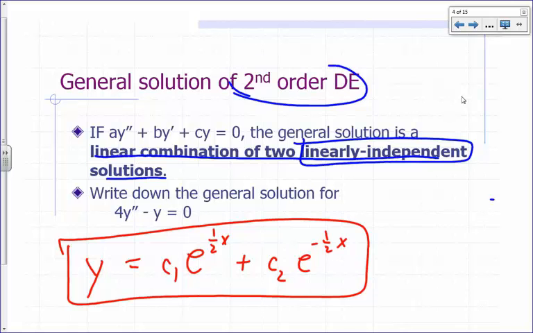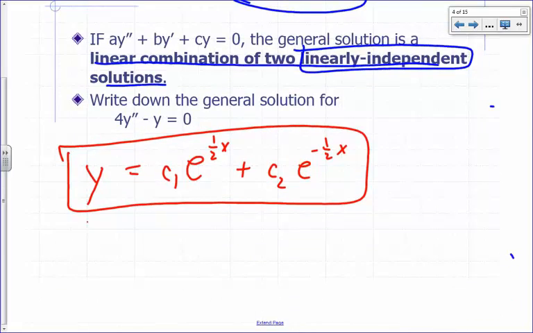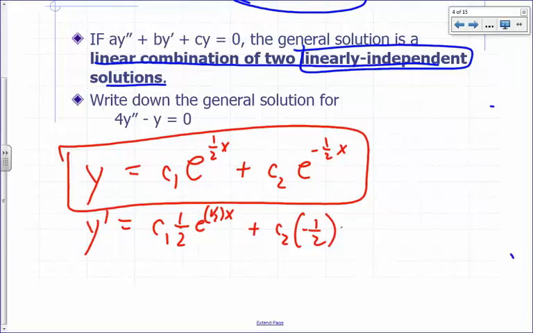Let's verify that that is in fact the general solution. What would you do? You plug that in, right? So what is y prime? c1, what's the derivative of e to the 1/2 x? 1/2 e to the 1/2 x, plus c2 times negative 1/2 times e to the negative 1/2 x.